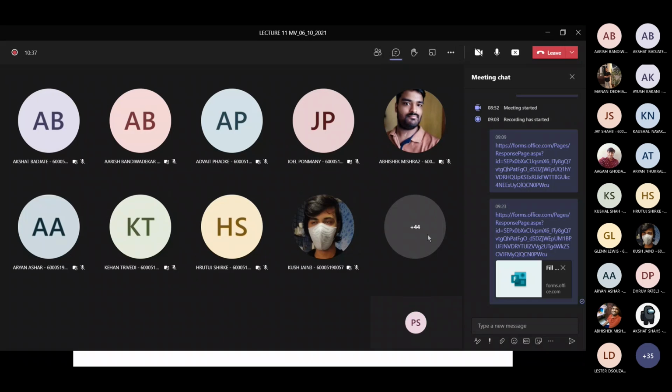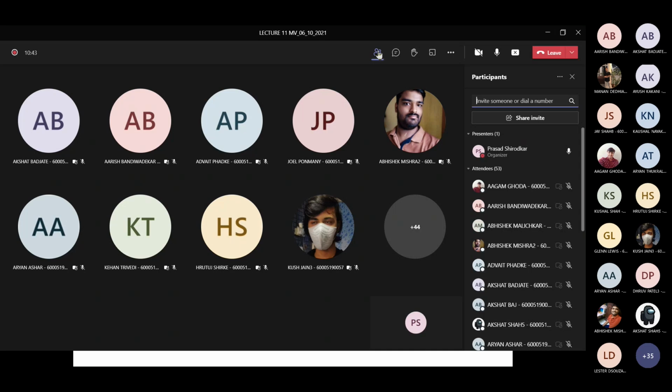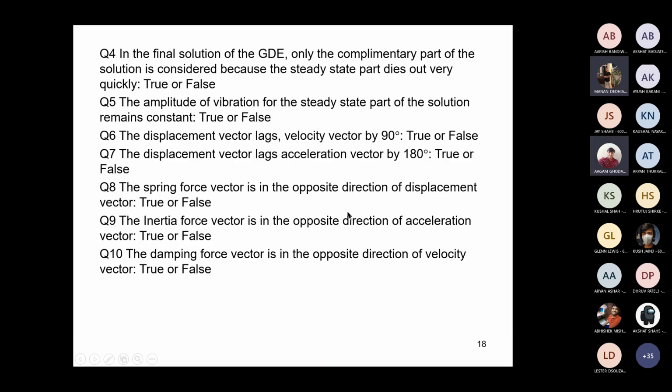Are all of you able to open the form? Yes, sir. Hello? Is the form accessible? Yes, sir.